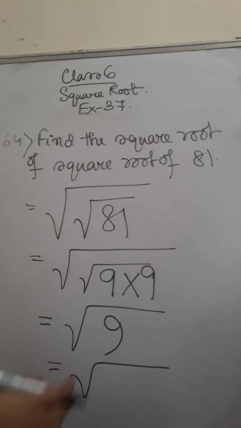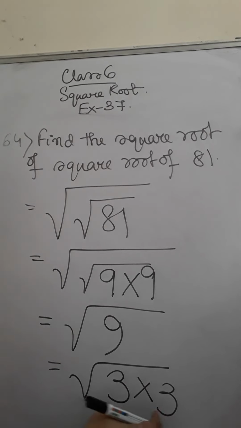So 9 can be shown as a multiplication of 3 into 3. So if I want to remove the square root, out of the two similar numbers, I have to take out only 1, 3. So this is the answer of the question number 64.